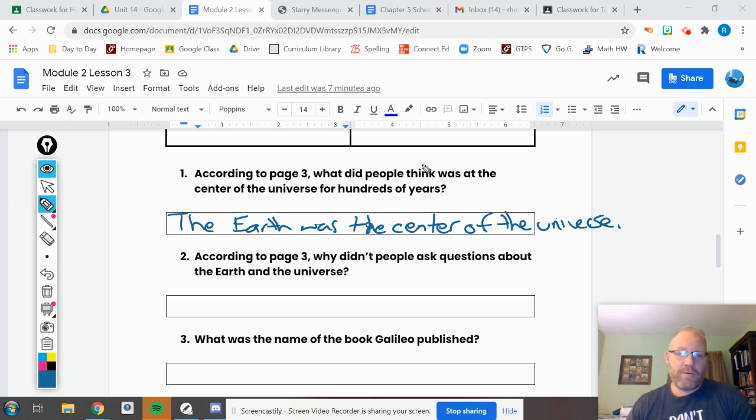And we even know that the earth is going around the sun. So the earth goes around the sun along with all the other planets in our solar system. Now, what we also know is that our sun is not the center of the universe. It's just the center of our solar system. And the sun is actually moving around something even larger in the universe.